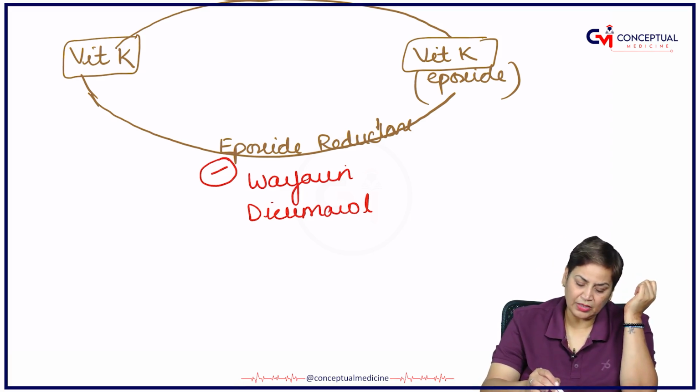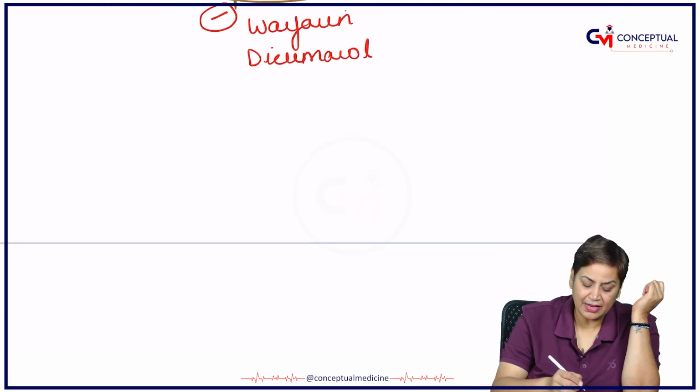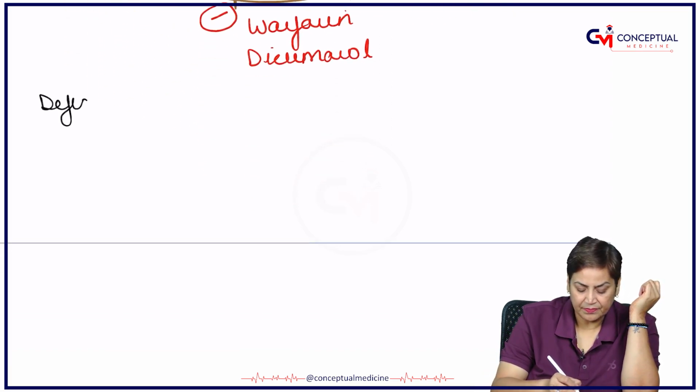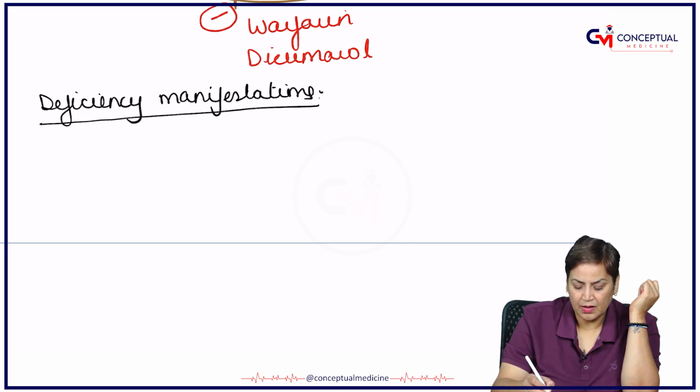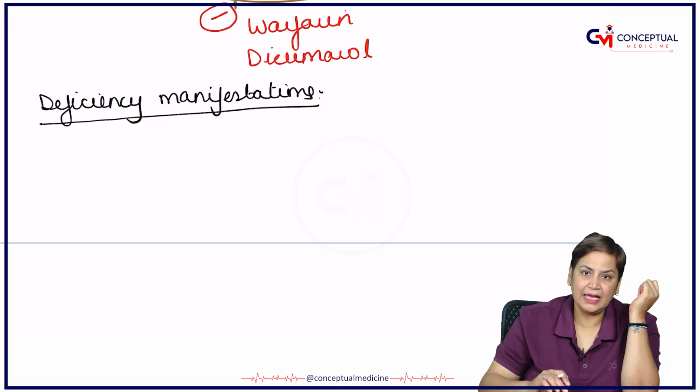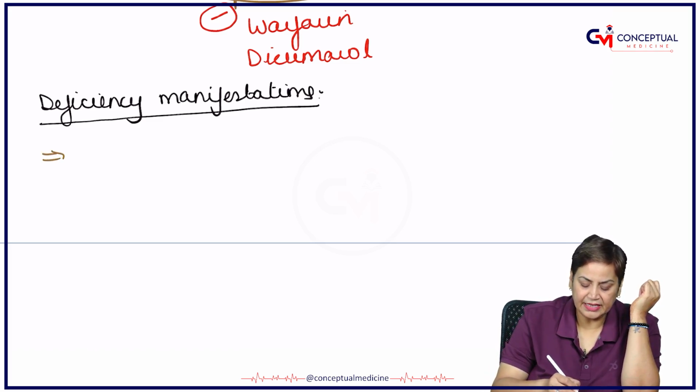Now coming over to the deficiency manifestations. Vitamin K deficiency leads to an increase in the prothrombin time.